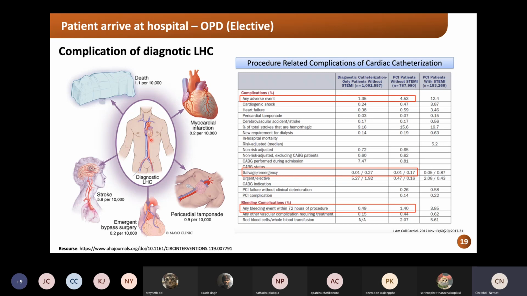And you will see that when we look at just the diagnostic catheterization, the percentage of adverse events that are going to happen to the patient is really less. It's just 1.35%. So when you tell this information to the patient, you can relieve the patient's stress and sometimes discomfort about the procedure, and you might relax the patient as well.